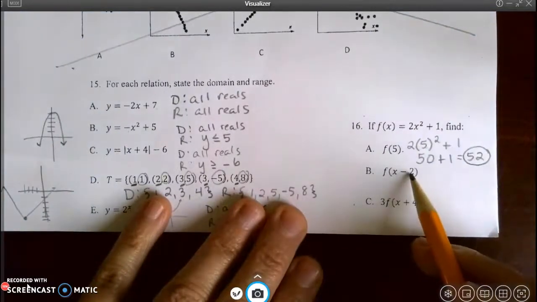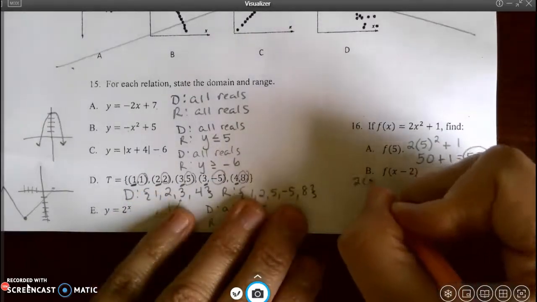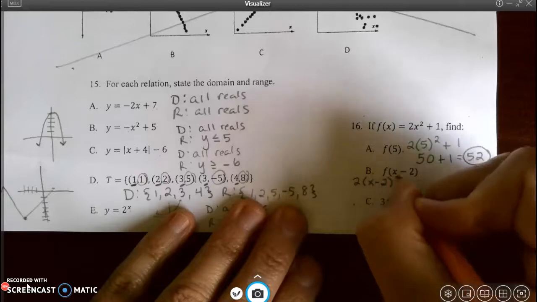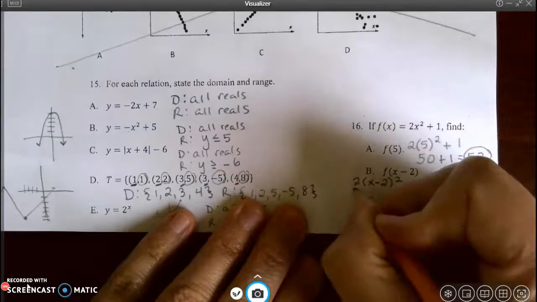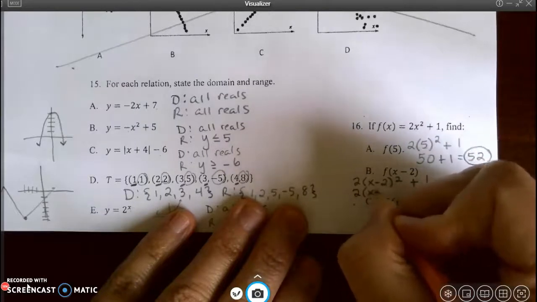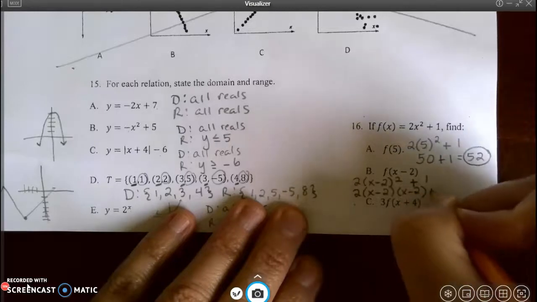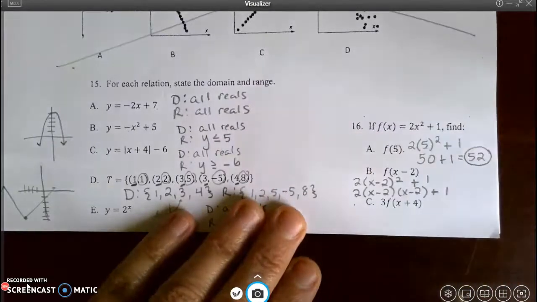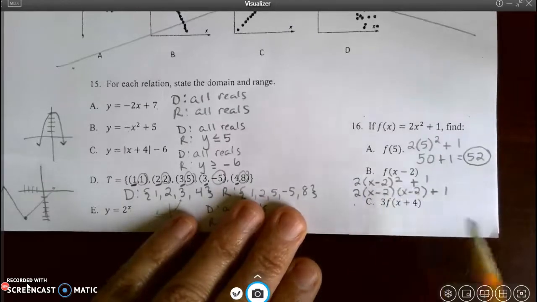Then I'm asked to put x minus 2 in for x squared. So I get 2 times x minus 2 squared plus 1. So I get 2, and I know that this is x minus 2 times x minus 2 plus 1. I'm going to go ahead and do this multiplication of these two binomials, which I'm going to use FOIL to do that.